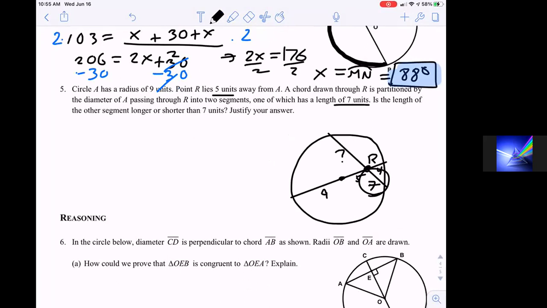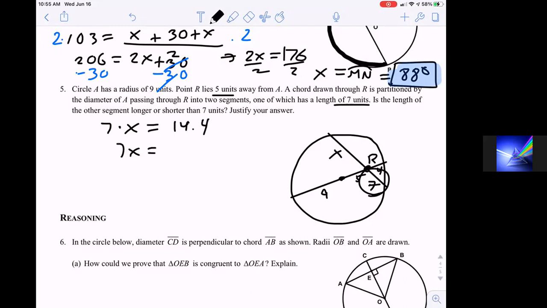Well, we'll call this missing one x right here. So we're going to go 7 times x, that's this segment times this segment, equals this segment times this segment. So 7 times x equals, 9 plus 5 is 14, times that segment, which is 4.